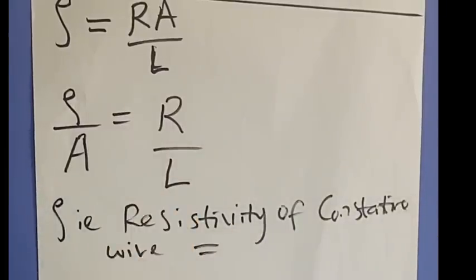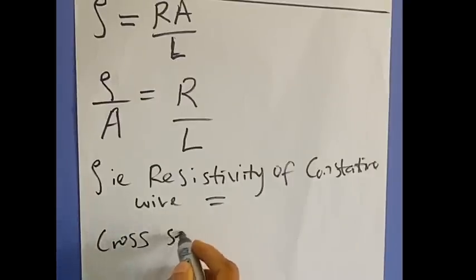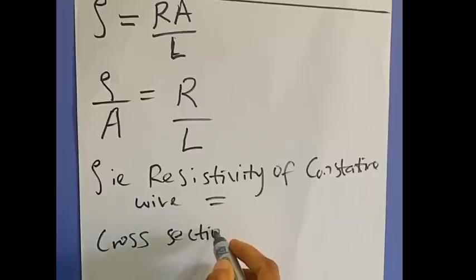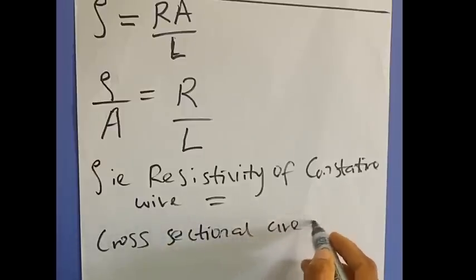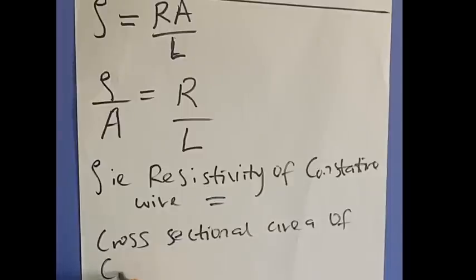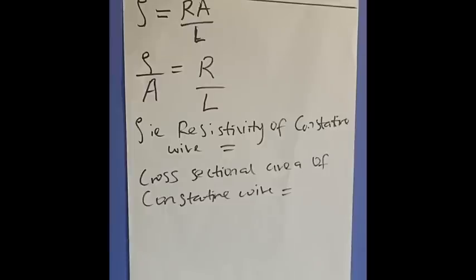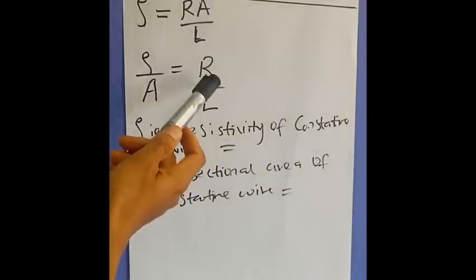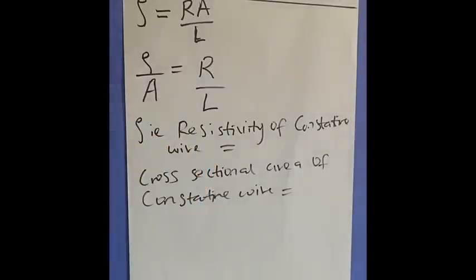and we know the cross-sectional area of this same wire, we'll be able to get this resistance per unit length, then put it into formula to solve some problems.